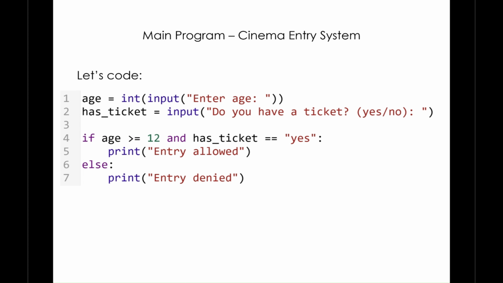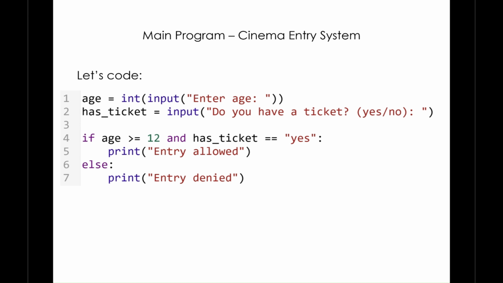Let's have a look at the main program. Cinema entry system. What we have here is age equals int input, enter your age, and has ticket equals input. The question prompts you to enter yes or no. The selection statement on line number 4 says, if age is greater than or equal to 12 and has ticket is double equals yes, then entry allowed.